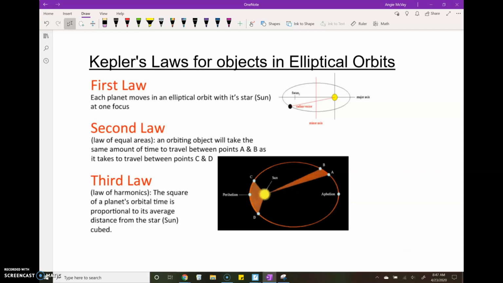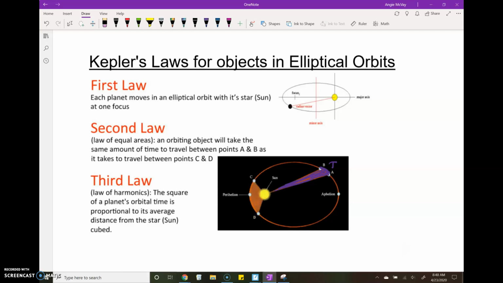Well, the first one says that objects move primarily in elliptical orbits, and that for an object orbiting in an elliptical path, it'll take the same amount of time to travel this distance as it will this distance over here, as long as the areas that are being swept out are constant.